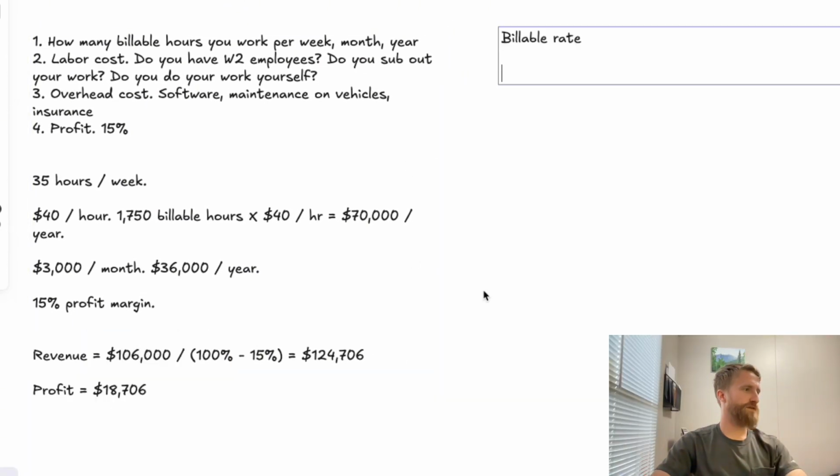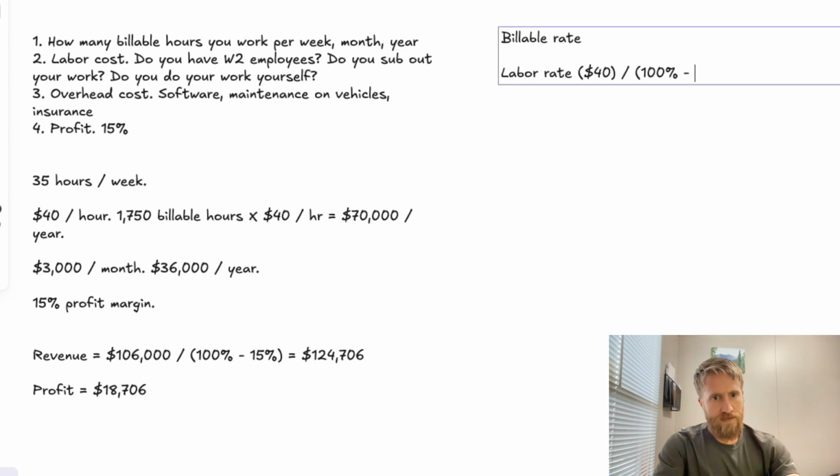So we need to figure out, if we want to hit this goal of $124,706, how much do we need to charge our customer per hour? For this, we're going to use a really simple formula. We're going to take our labor rate, which in this case is $40, and we're going to divide that by 100% minus our overhead percent, which is something that we need to calculate.